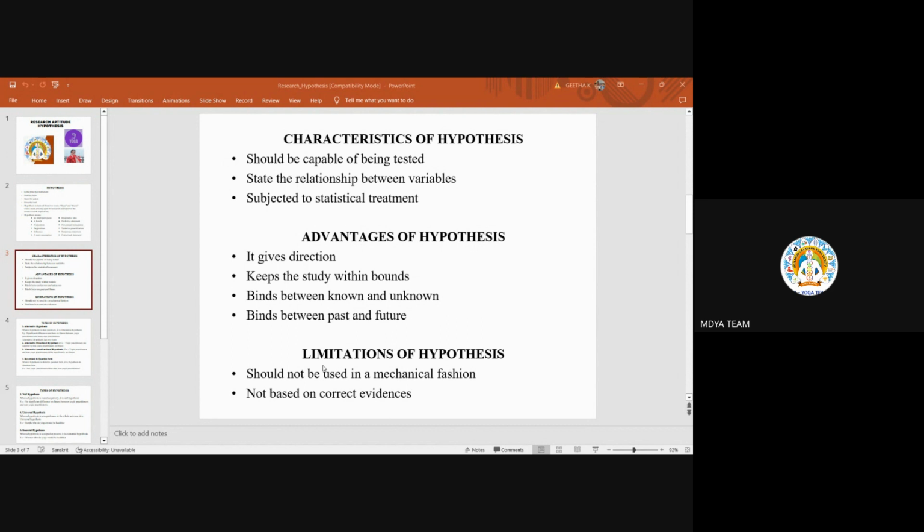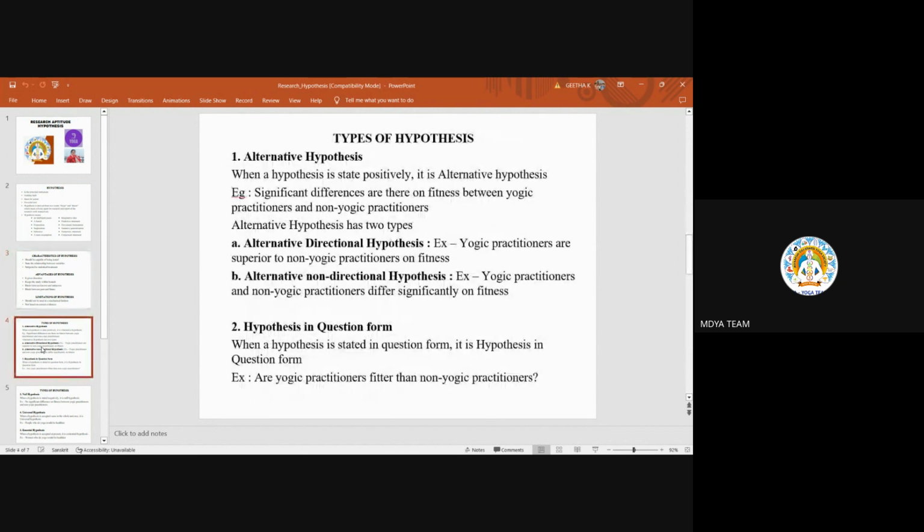It is only an intelligent guess; at that time we don't have any evidence. Why do a few researchers say correct evidence here? Because some researchers, if they have not planned properly, ended up with failures. That's why they say correct evidence at the time of planning; they may not be in a position to give correct evidence. That may lead to a failure of the research.